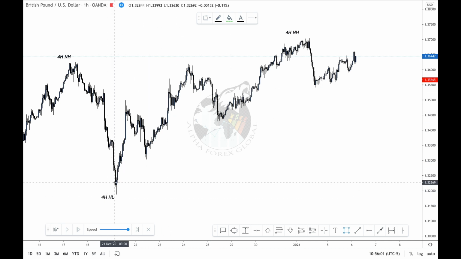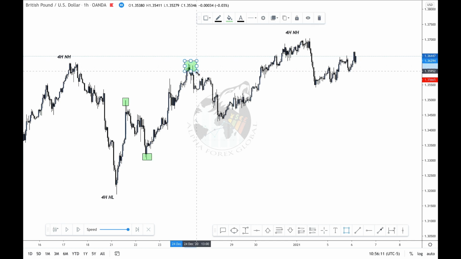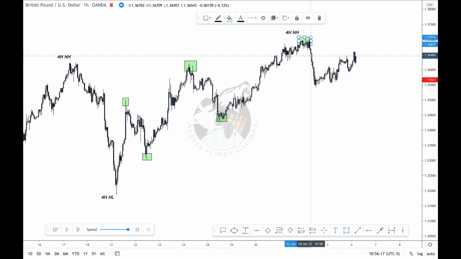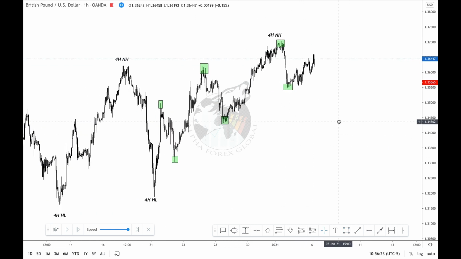So obviously on the 1 hour time frame, this right here is a high, right? This is a high low. This is a new high, right? This is a high low, and then this would be a new high, and then this right here would be a higher low, right?